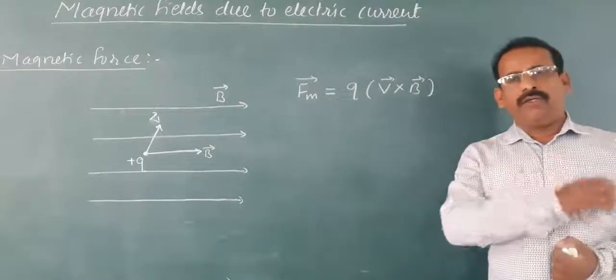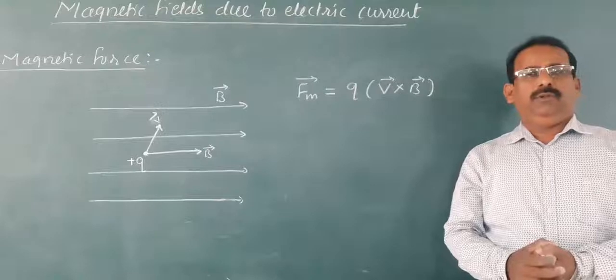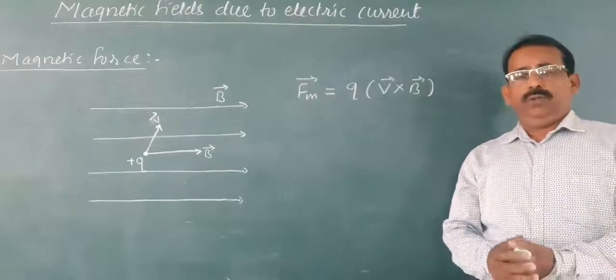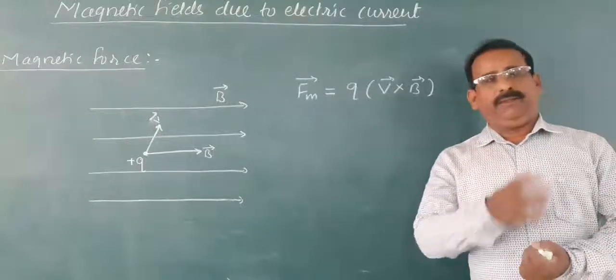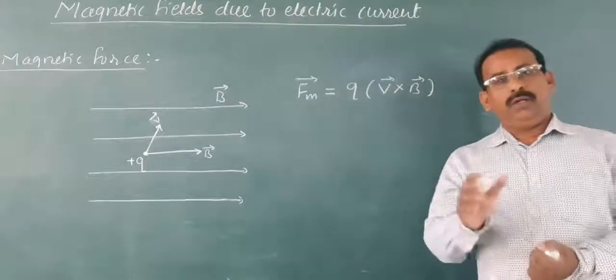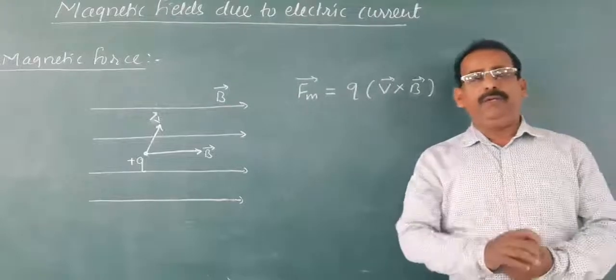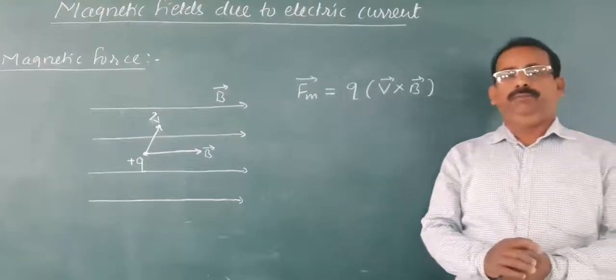You have already studied what is cross product. When we take the cross product of any two vectors, the resultant vector that we get is always perpendicular to the individual vectors.